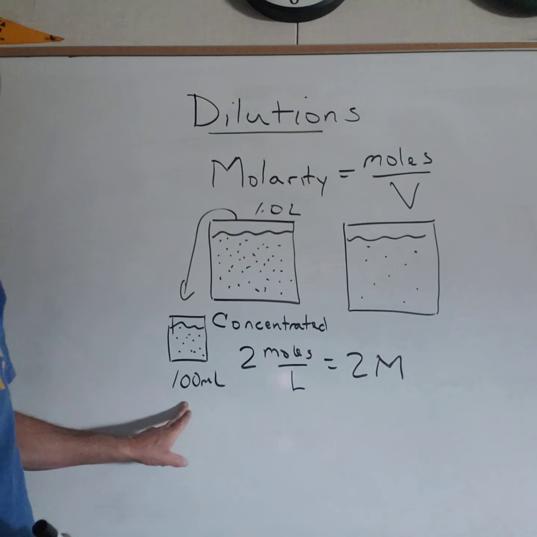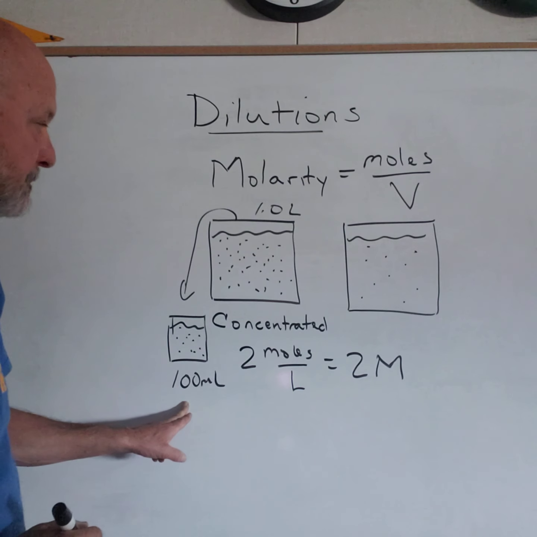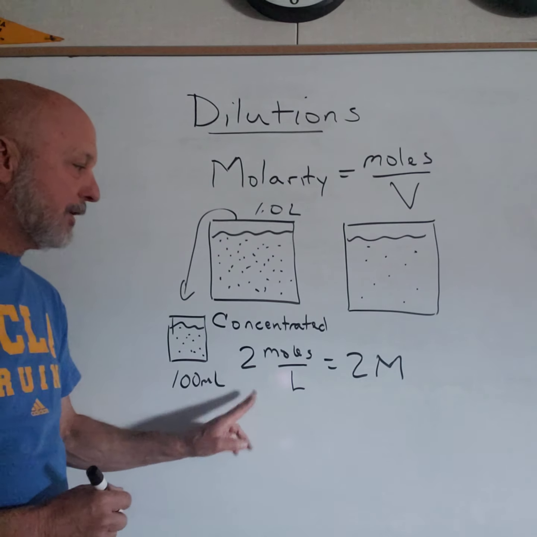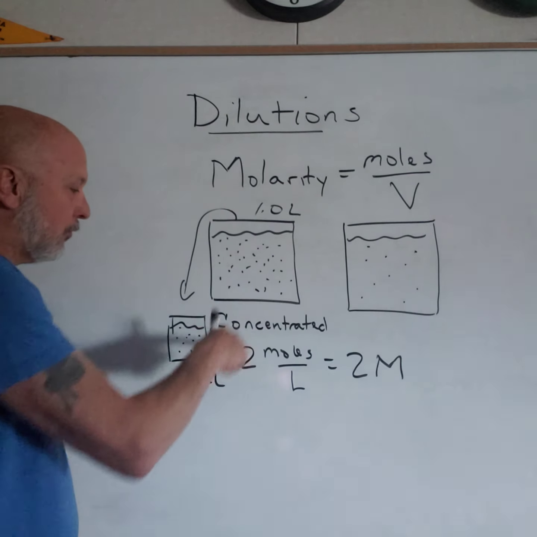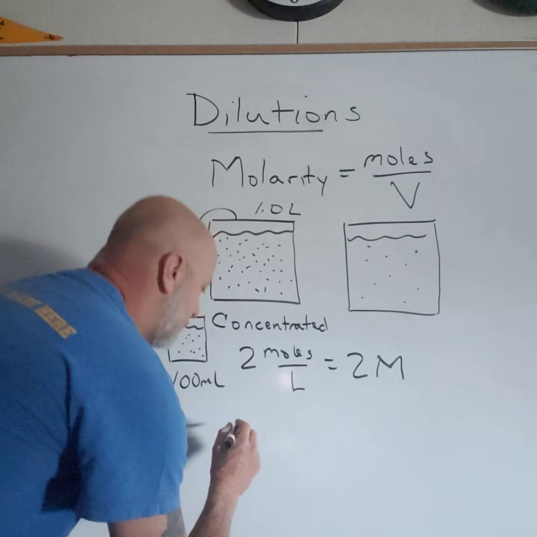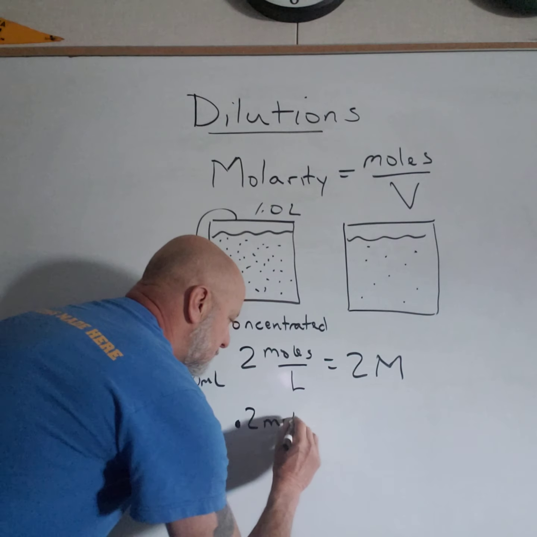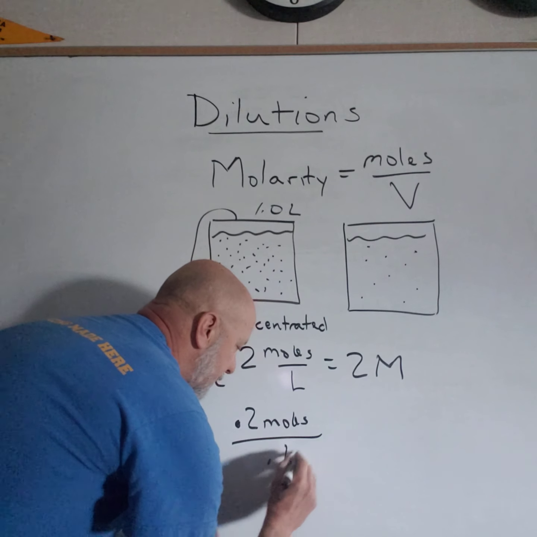I pour out 100 milliliters, which is 1/10 of a liter, or 1/10 of the solution. It has the same concentration. If there were 2 moles spread out through here and I pour out 1/10 of it, it will have 0.2 moles in 0.1 liter.